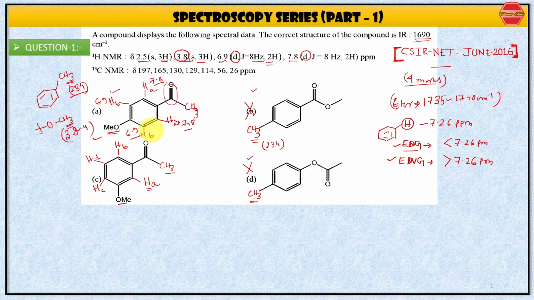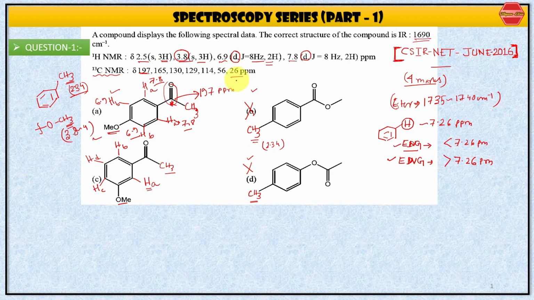So see, this is how we can generally eliminate the options and find the correct answer. Now we have to know whether these 13C NMR values satisfy this compound or not. The 197 value given first is for this ketone carbon, so it shows 197 ppm, and the next 165 and 130 form another part.